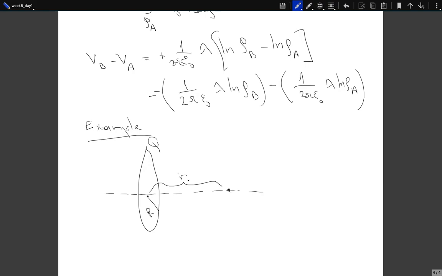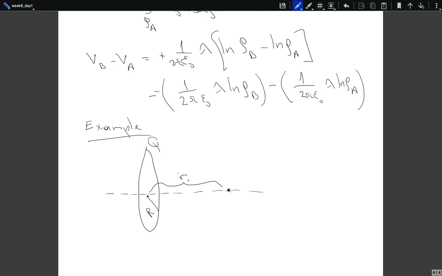What would be the electric potential created by the ring at that point? We have already calculated the electric field, at least along that line. So we could use that expression, and we choose a path that comes from infinity along this central line to this point. That would give us the potential.